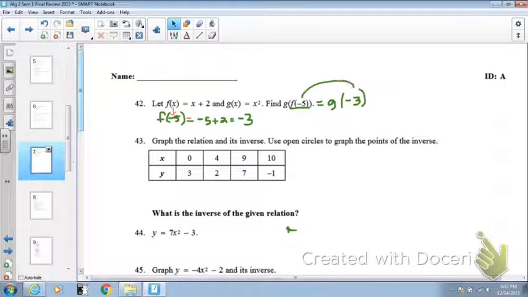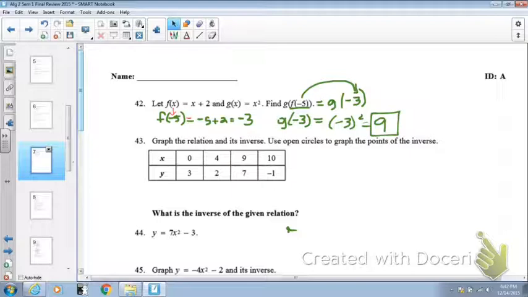So I just replace that with the negative 3. Now in the g function, I'm going to replace the x with a negative 3 and get negative 3 squared, which is 9. So basically it's substituting twice. And so my answer is 9.